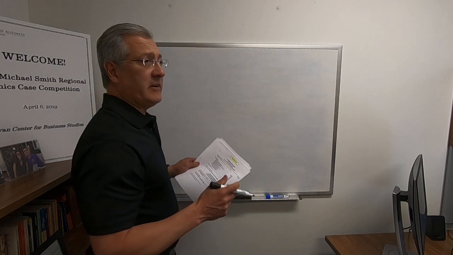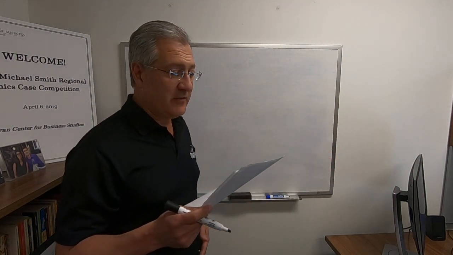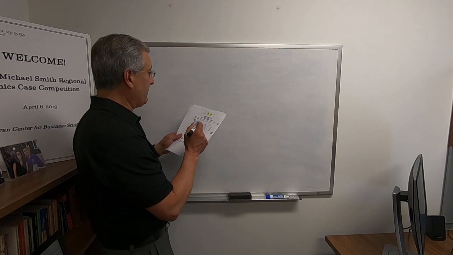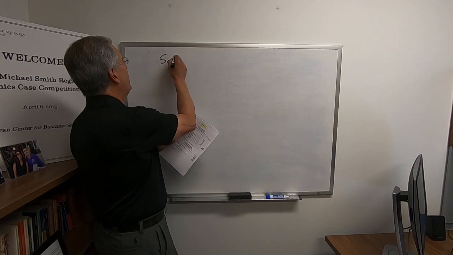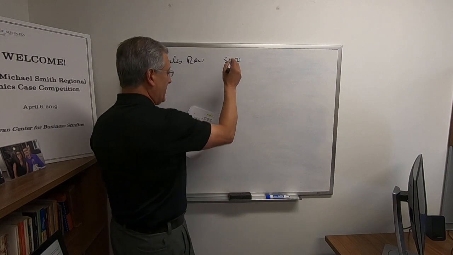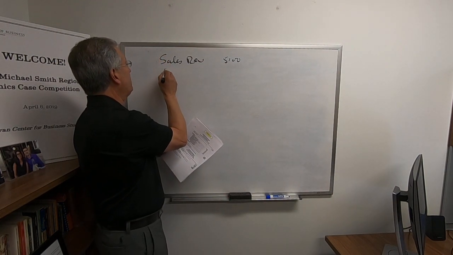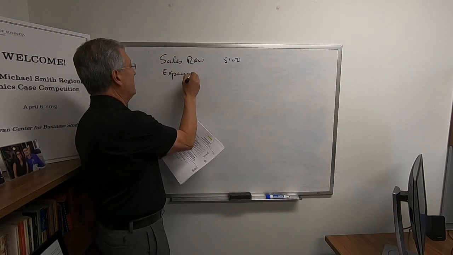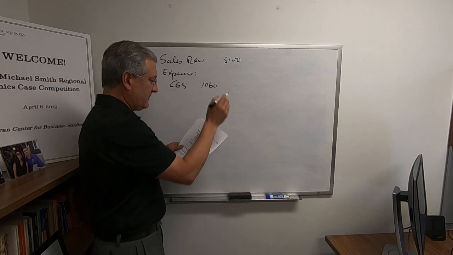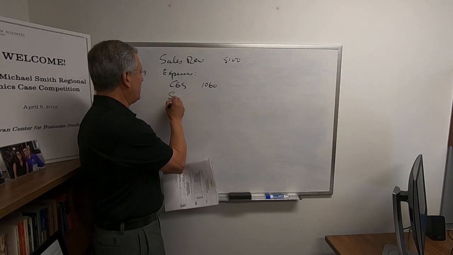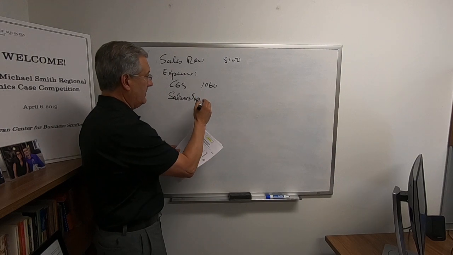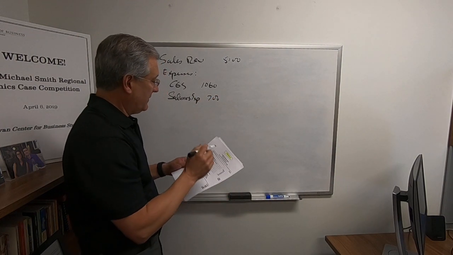You would use a title here, you'd call it Lazarus Enterprises Income Statement for the year ended April 30th, and you would start with sales revenue, which is $5,100. And then you have your expenses. Cost of goods sold, $1,060. You have your salaries expense, $700.